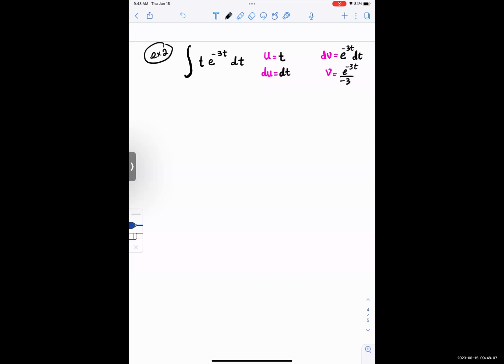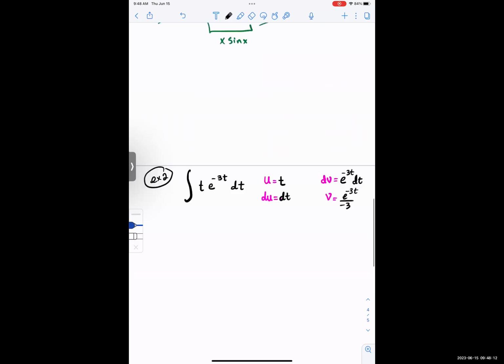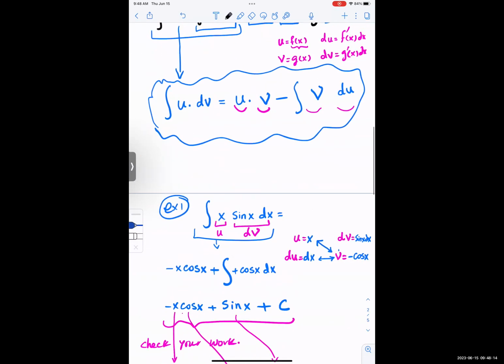So here we go. Now, again, going back to the formula you have, the integral of u dv is equal to uv minus the integral of v du.